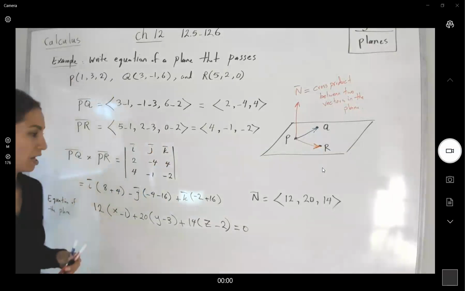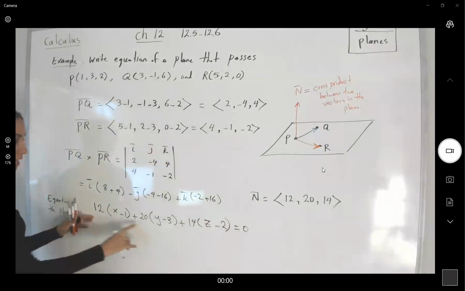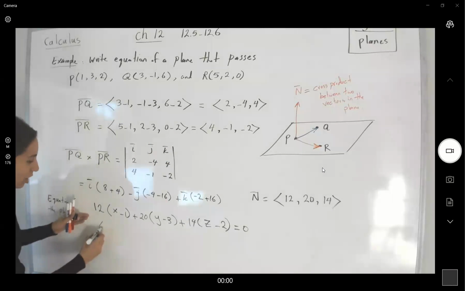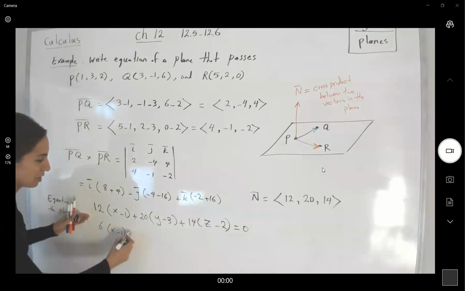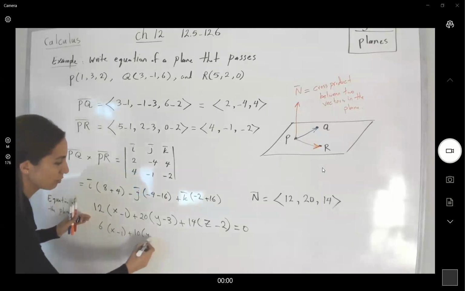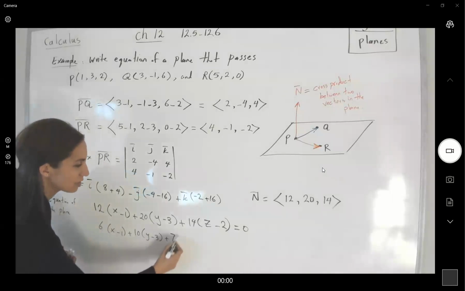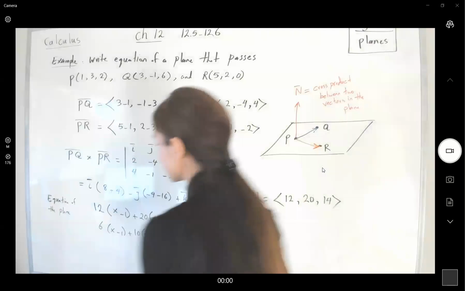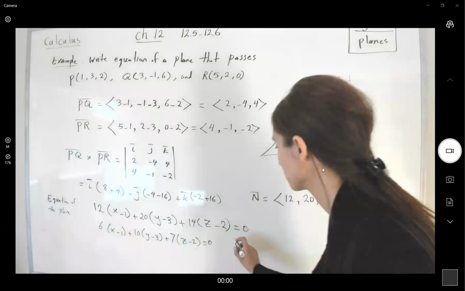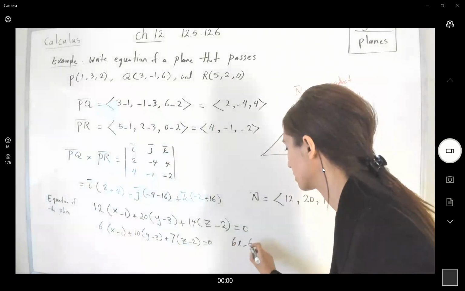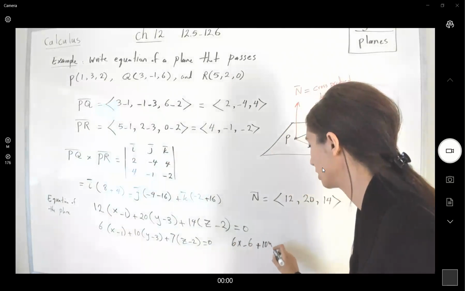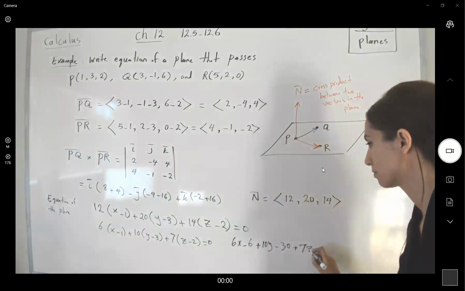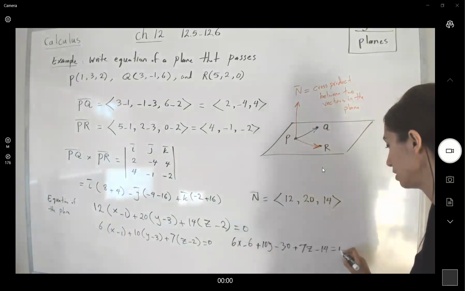Well, here we can divide everything by 2. Why not? We get 6 times x minus 1 plus 10 times y minus 3 plus 7 times z minus 2 equal to 0. Then distribute 6. We get 6x minus 6 plus 10y minus 30 plus 7z minus 14 equal to 0.